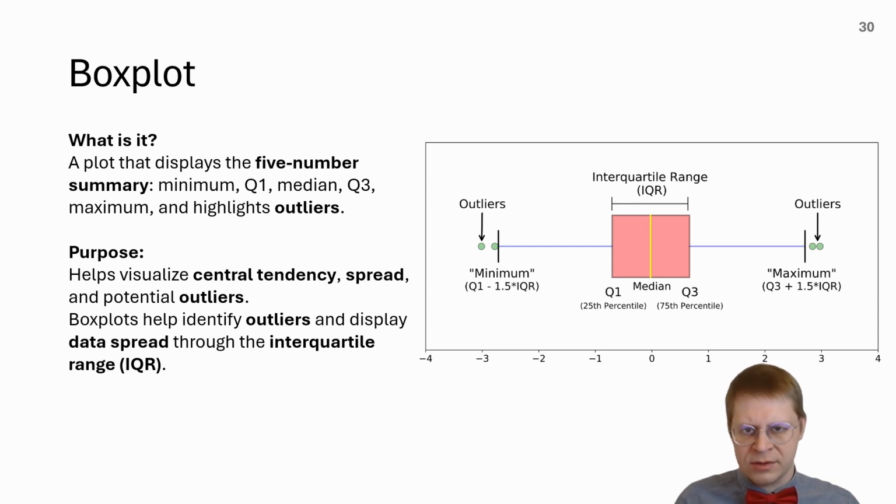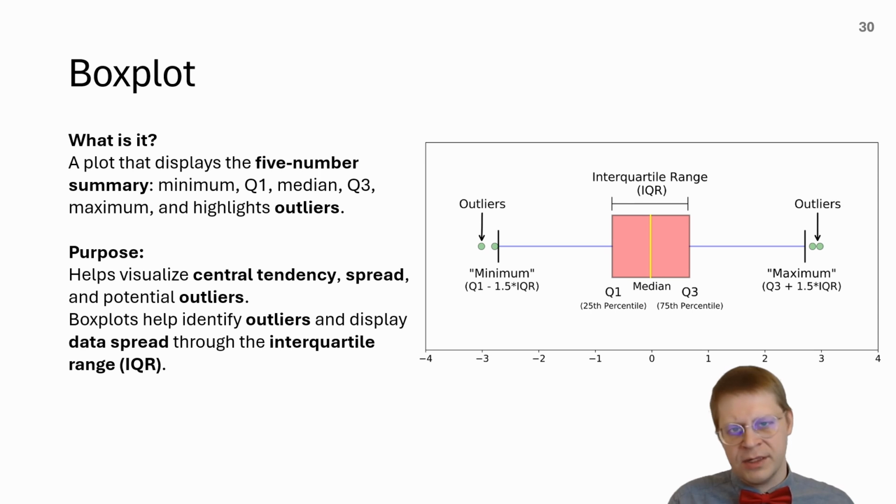The outliers for the box plot are calculated like this: Q1, or the 25th percentile, minus 1.5 multiplied by IQR, and this is the minimum, and everything lower than the minimum is an outlier.